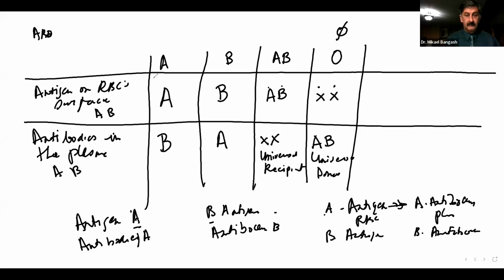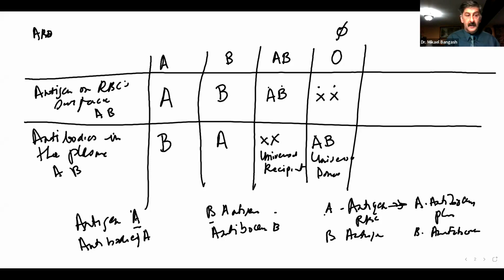So if you are A, you could be A positive, you could be A negative. If you are B, you could be B positive, you could be B negative. If you are AB, you could be AB positive, AB negative. If you are O, you could be O negative or O positive.